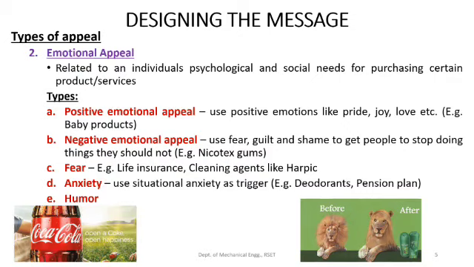Here, the message about a particular product is associated or linked with certain emotions, and that is how these messages are conveyed, with a certain amount of emotion attached to the message. Such appeals, which are related to an individual's psychological and social needs and toy with the emotion of a potential customer, are referred to as emotional appeals.